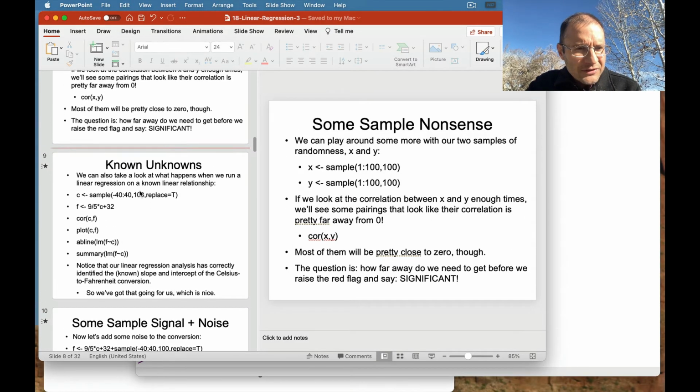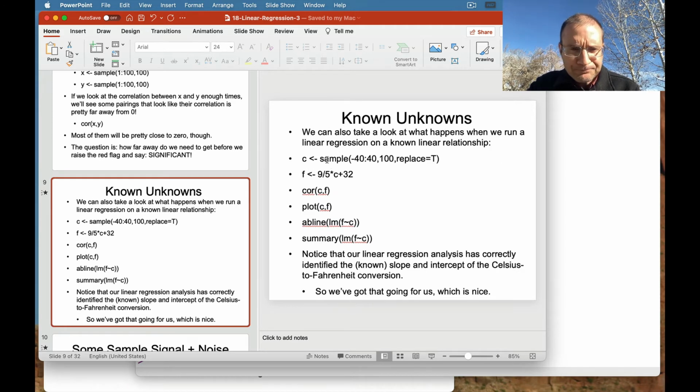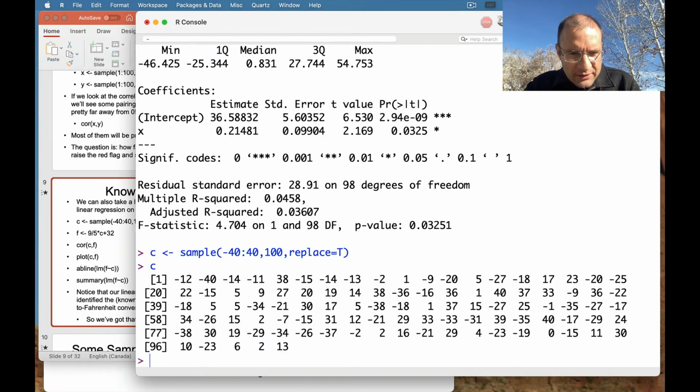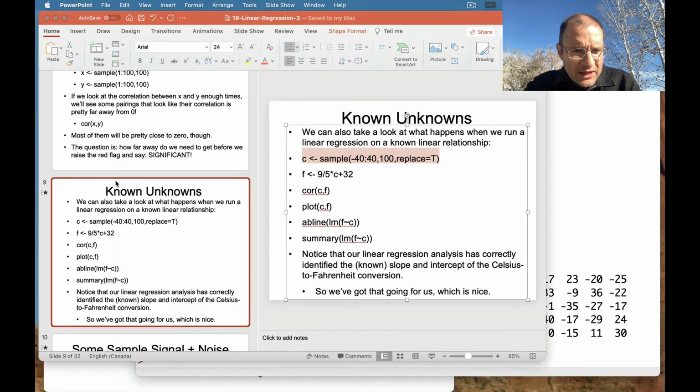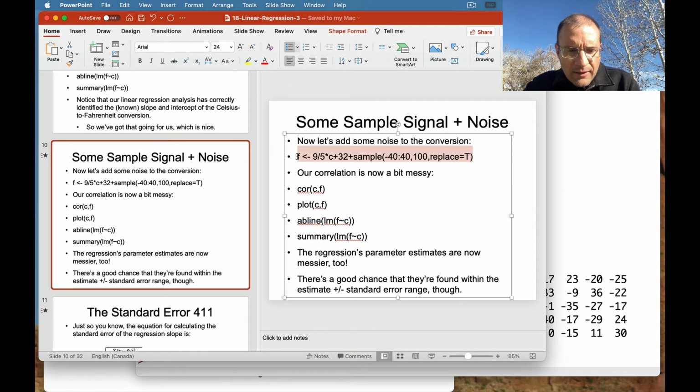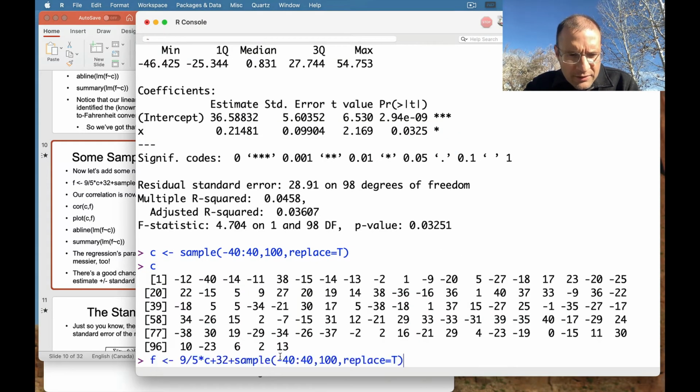Let's look at another sort of situation where we're taking this underlyingly linear relationship between Celsius and Fahrenheit, and I'm going to generate just a new set of random values for Celsius. And what I'm going to add to it is some noise for the Fahrenheit measures.